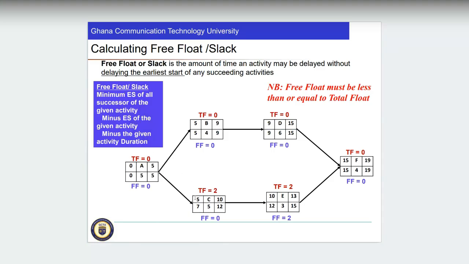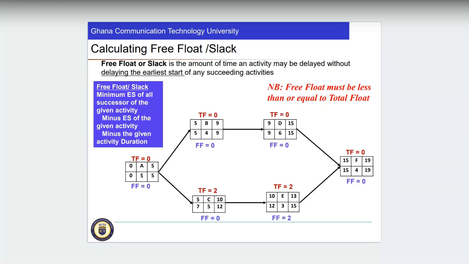This is 5, the earliest start of this one is 0, right? So 5 minus 0 is 5. And the duration of this one is also 5. So we get the free float of 0. Here it is 0 because there is nothing here.